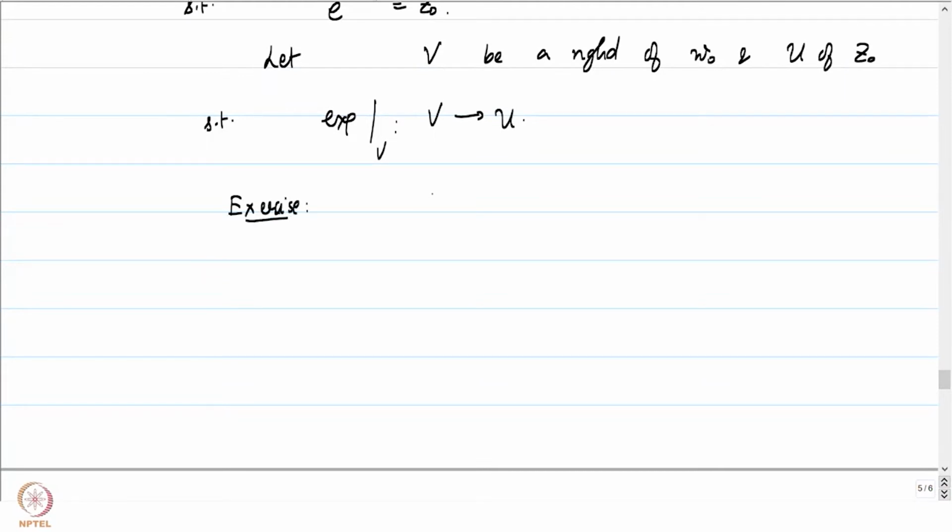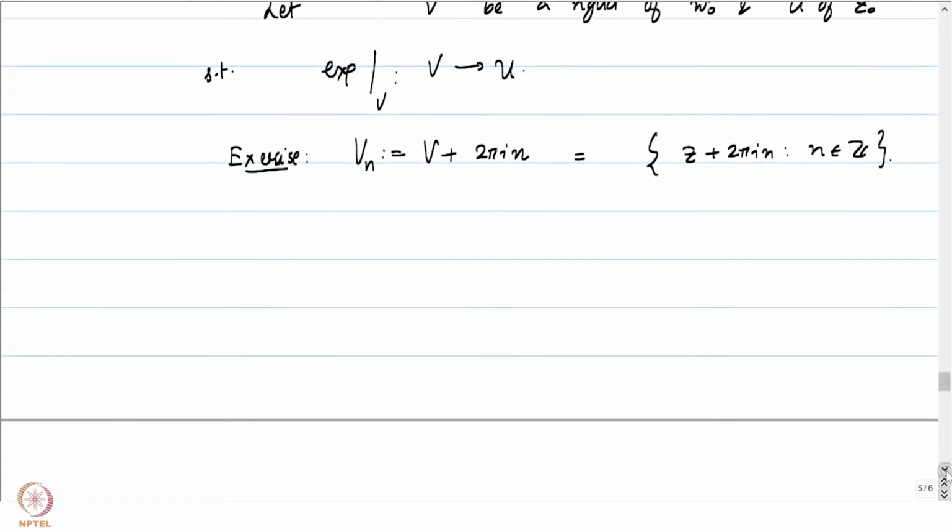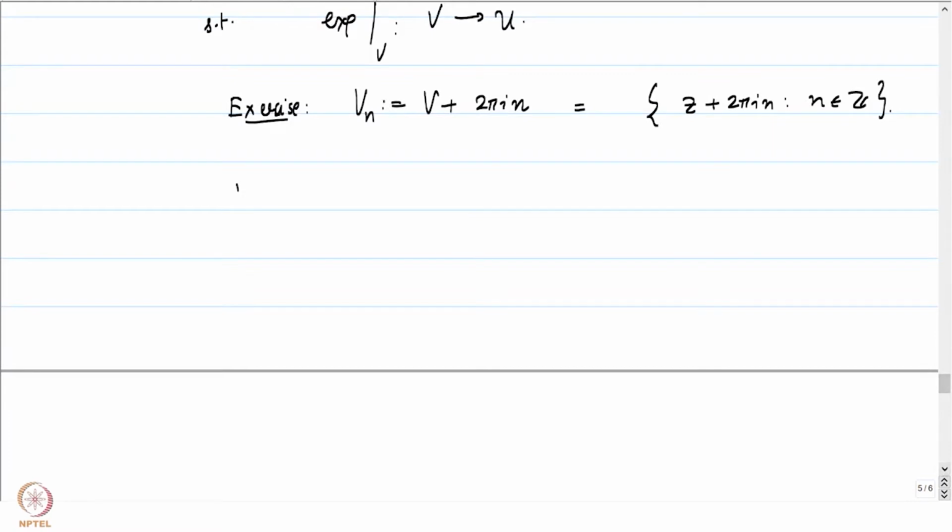that if you look at V plus 2 pi i n, so let's define Vn to be equal to this particular open set. This is just the set of all z plus 2 pi i n, where n is varying over integers. And if you look at the Vn's, this collection is mutually disjoint.